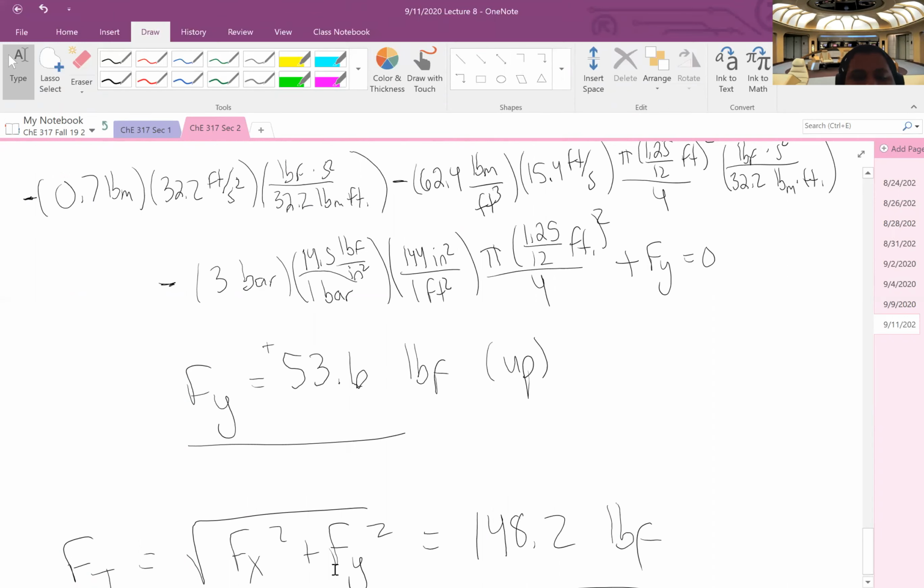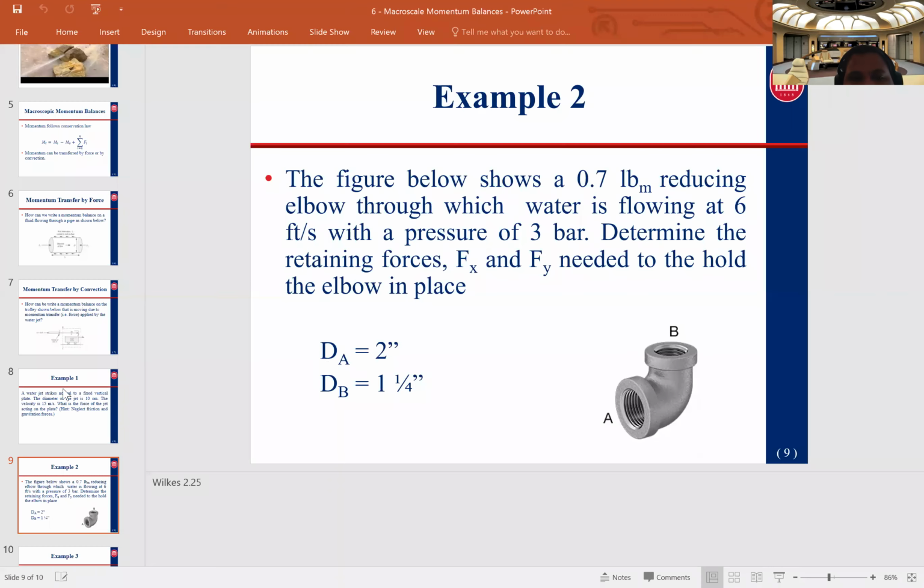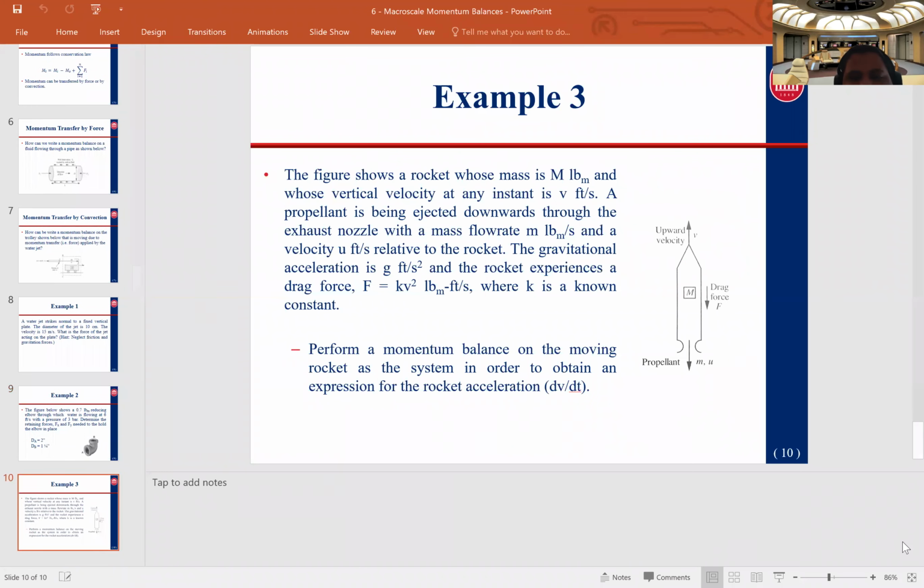All right, if not, we might have time to squeeze in the last problem for the day, which is looking at this system of a rocket with a mass big M in pound mass, with a vertical velocity at any instant of v, and a propellant being ejected downwards through the exhaust nozzle with a mass flow rate m-dot in pound mass per second, with a velocity u relative to the rocket.